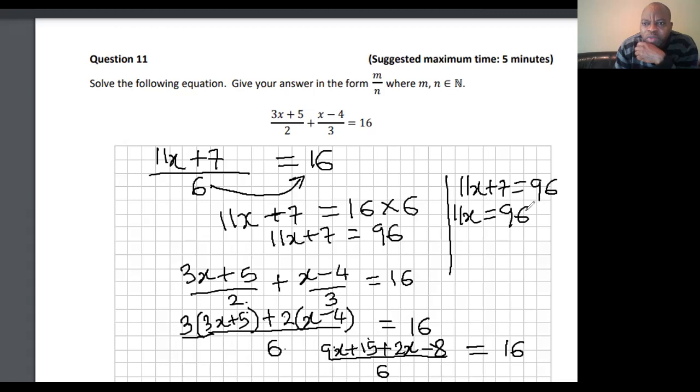Move this 7 over, it becomes minus 7. So 11x equals to 96 minus 7, which will be 80, that should be 89. Let me be sure with my calculator. So 96 minus 7 is 89.